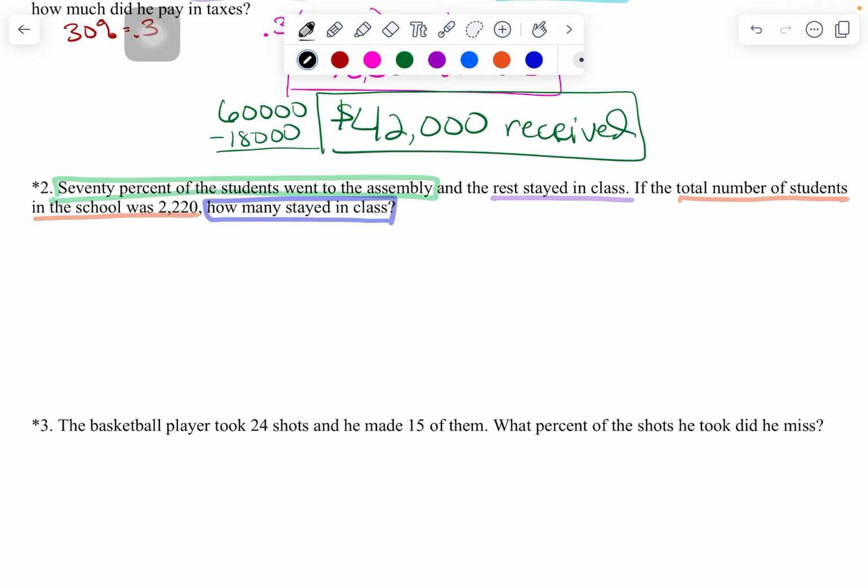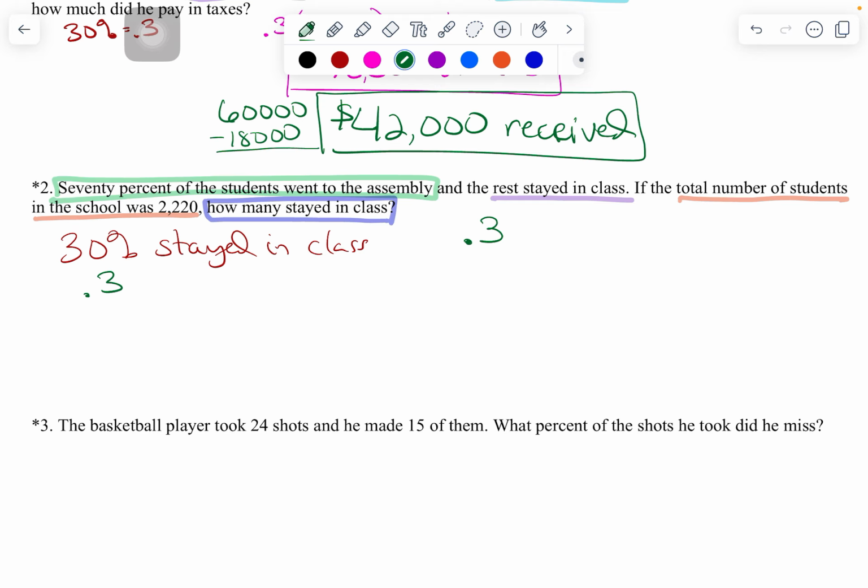If 70% of the students went to the assembly, that means that 30% stayed in class. So 70% and 30% make the 100%, which would be all the students in the school. So 30% stayed in class, and that's what I'm asking you to answer. 30% is equivalent to 0.3.